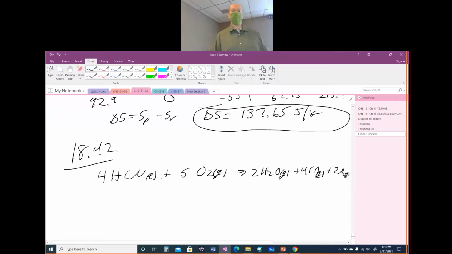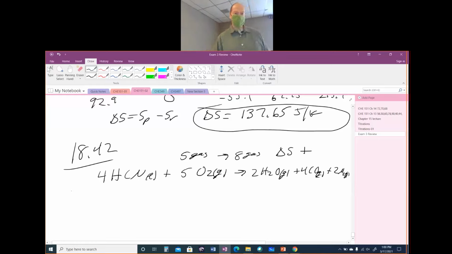All right, so we have 5 moles of gas going to 2 plus 4, 6, plus 2, 8 moles of gas. And so we are definitely going to more disorder. So we can predict the delta S to be positive.